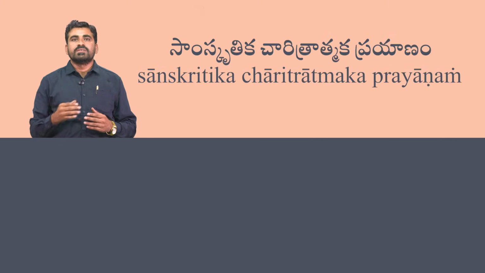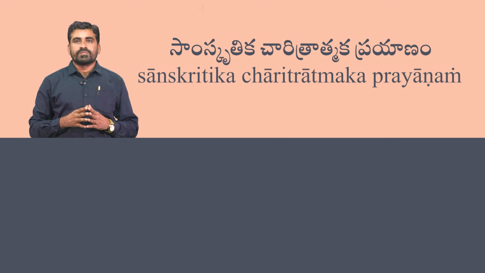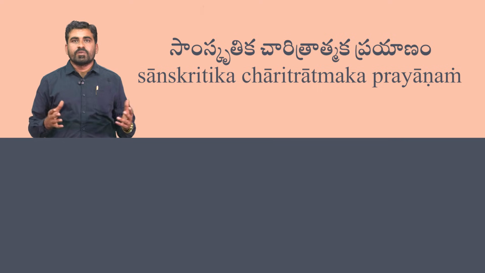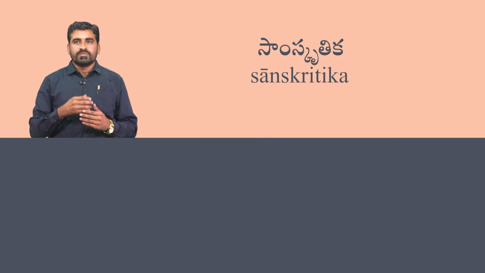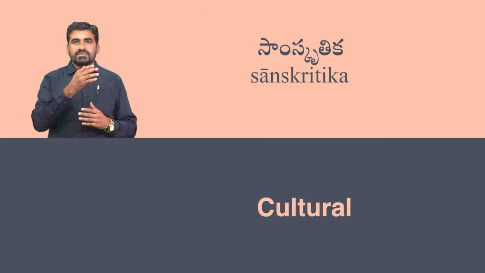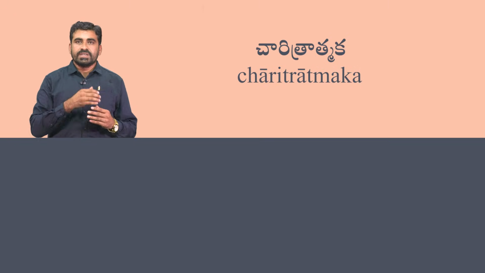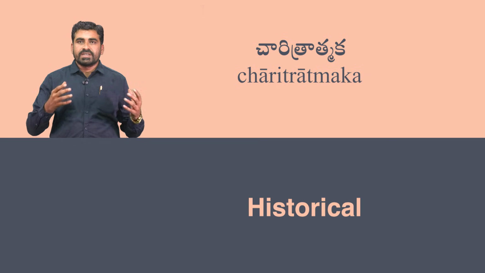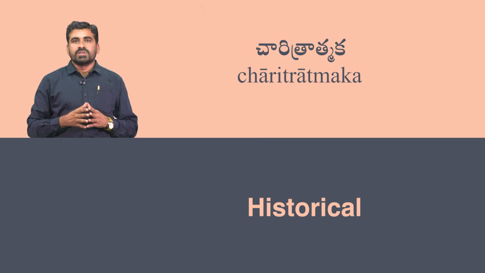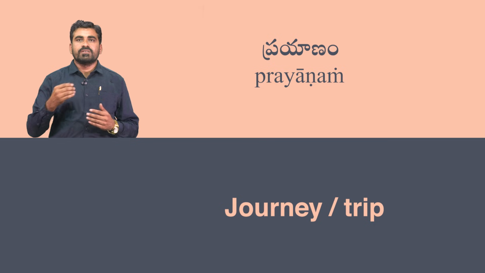The compound noun phrase samskrutika charitratmaka prayanam functions as the predicate nominal, describing the type of journey. Samskrutika means cultural, and charitratmaka means historical; they are adjectives modifying the noun prayanam, journey or trip.